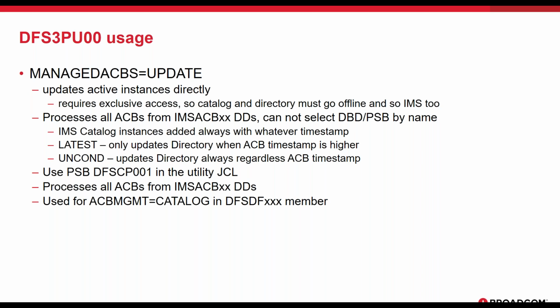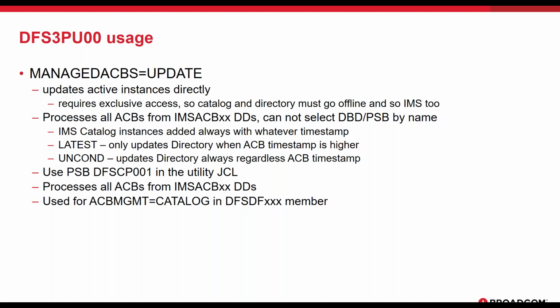That's one thing. The other thing is that this utility already allows you to do filtering and selection and better manipulation of which resources will be updated. There are options for LATEST and UNCOND.